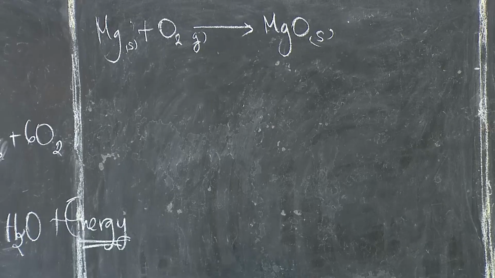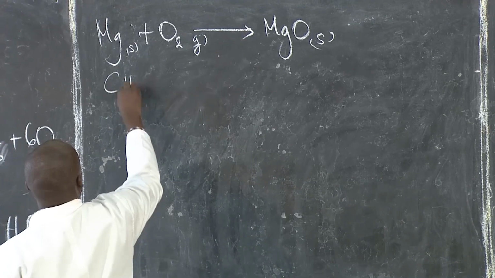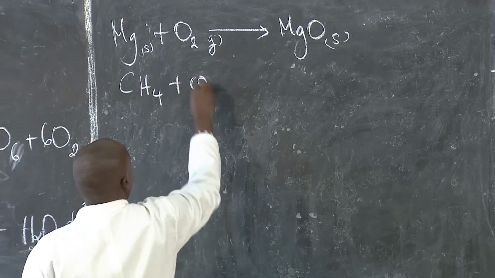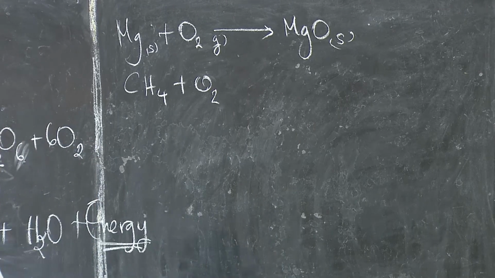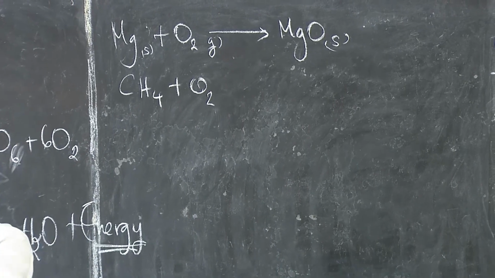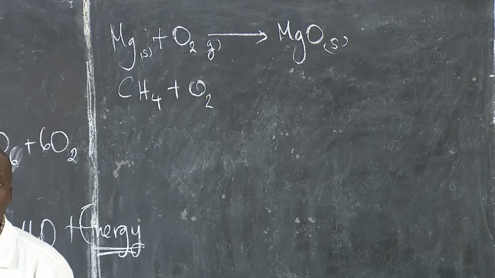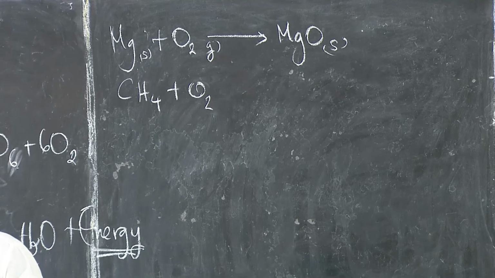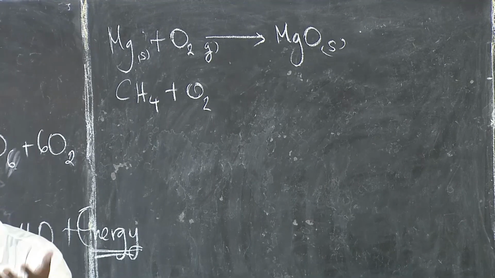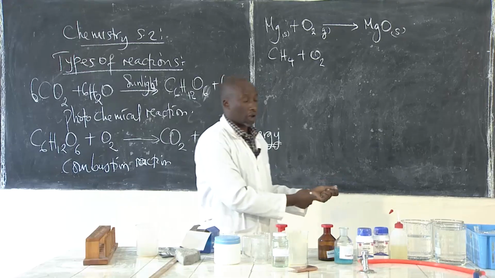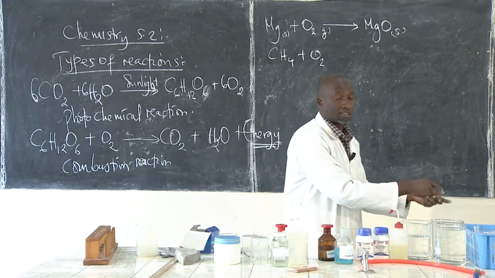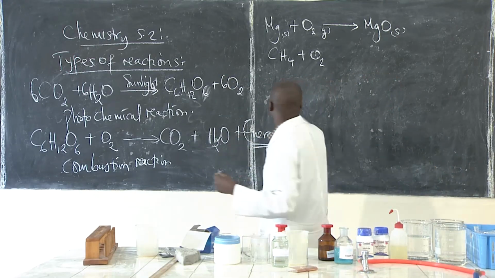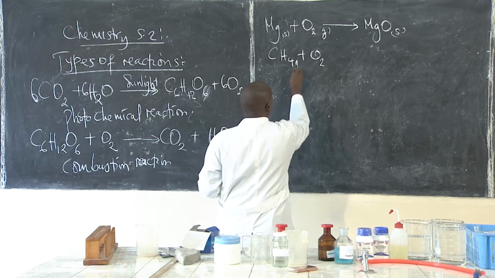You can as well have methane gas. This methane gas is a component of natural liquefied gases. These are the gases that we use in our homes. Those tanks, one of the components is methane gas.